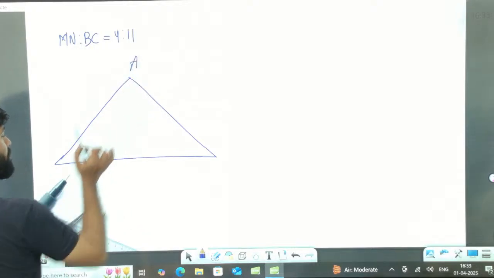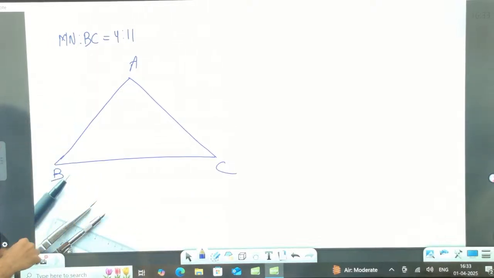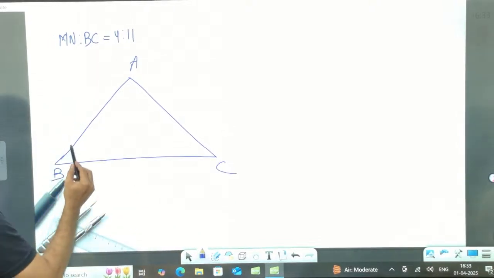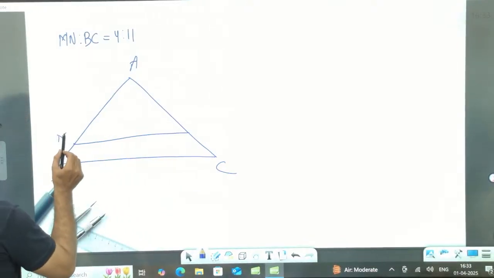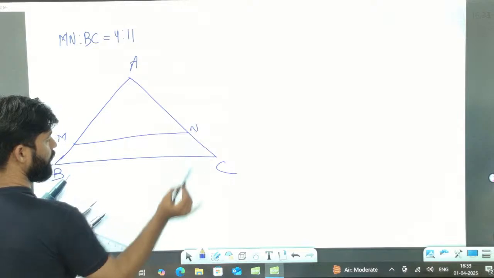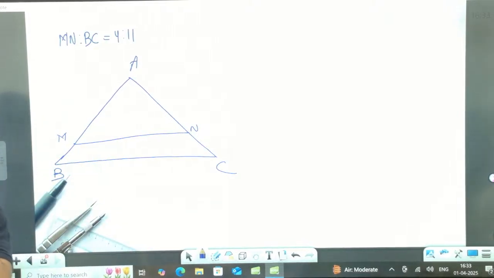So this ABC is an equilateral triangle. I'm drawing a line parallel to the base. This line is MN, and which is parallel to the base. I'm not talking about the question right now. I'm just telling you what can happen.